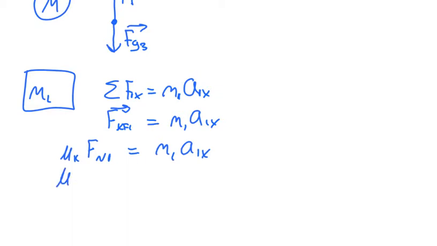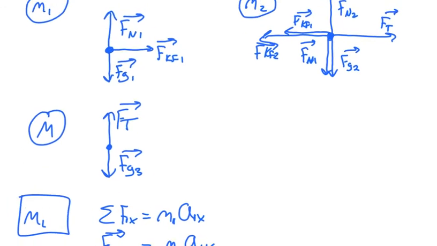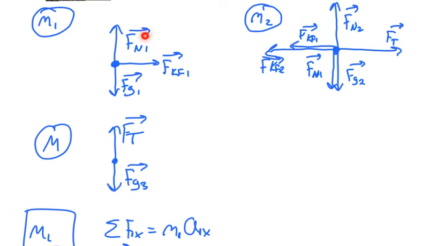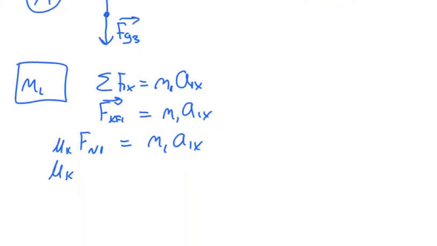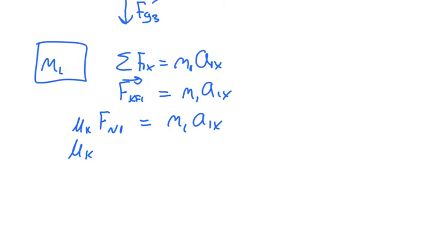And that normal force, if we go back up to our diagram here, has to balance out this downward gravitational force. So those two are going to be equal to each other. Otherwise, this thing is shooting up into the sky or falling through block 2. Neither of those things is likely to be going on, so we can assume that this is the same as Fg1.